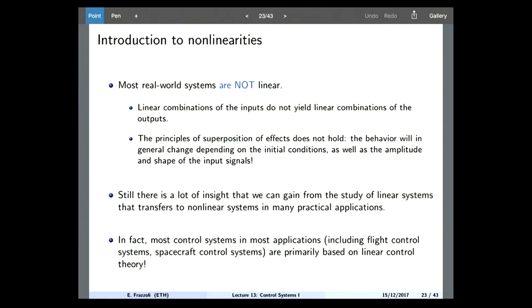That said, the reality is that most real-world systems are not linear, okay? In fact, real-world systems will be nonlinear. And essentially, if a system is nonlinear, it means that you cannot use the principle of superposition. Essentially, you cannot technically use anything that we have done in this class.